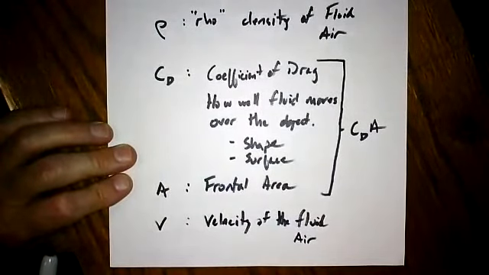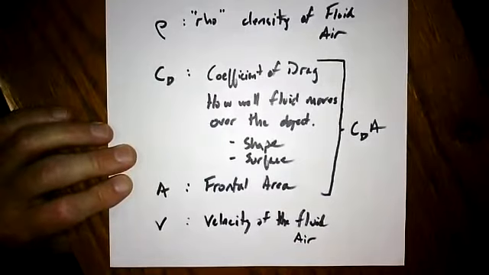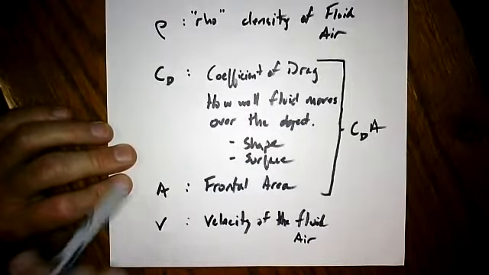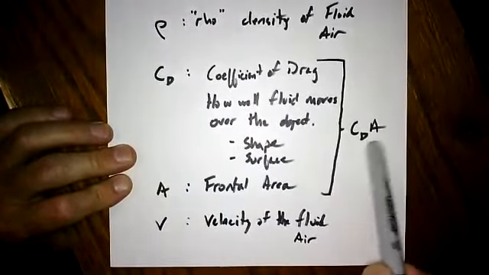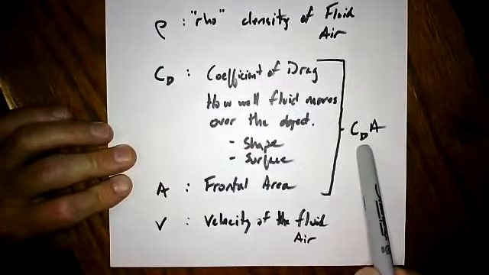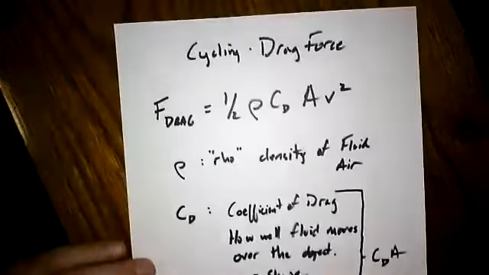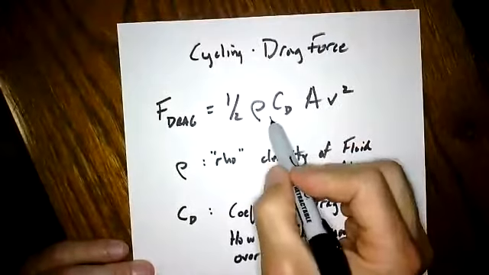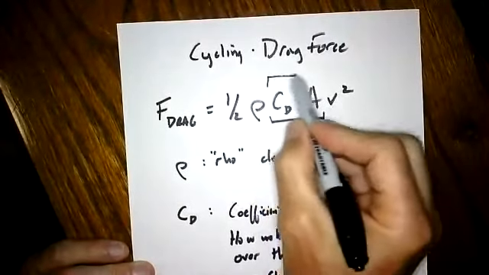So you may hear a cyclist talk about his or her CDA being a 0.17, which is really, really good, versus a CDA of 0.28, all right? Those are very different numbers, and those describe these two components combined. And those two components go into this equation right here.